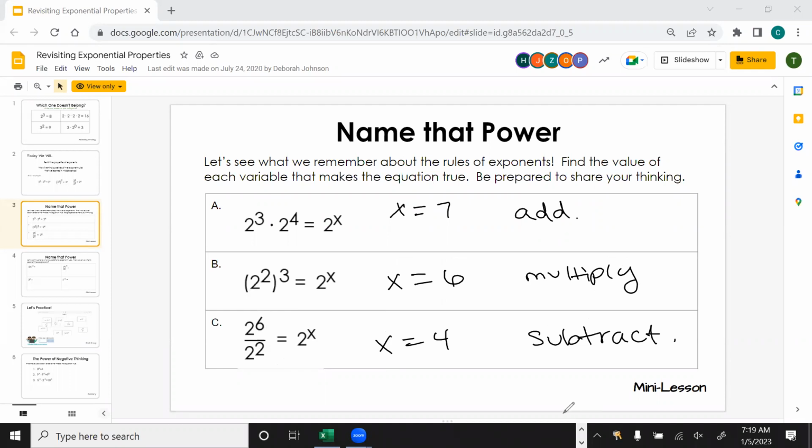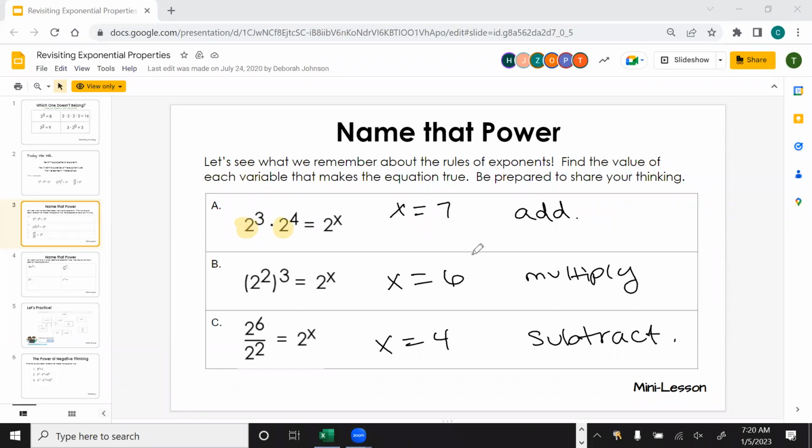Okay, again, some of these were similar. Same thing we just did. All right, so now here are some new ones. You've kind of seen these before, but these are probably going to be a little new to you. I'll give you a second to finish. Okay, so one thing I do want to mention is that it has to have the same base in order for us to be able to do this.